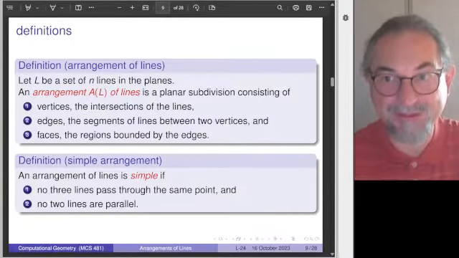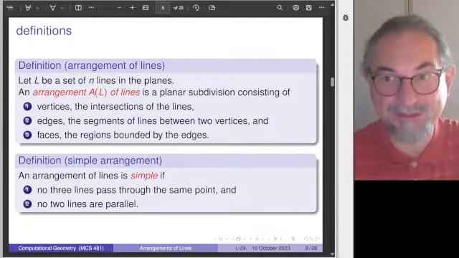No 2 lines are parallel. So in some sense, a simple arrangement is defined by what it is not. You do not have parallel lines and you do not have more than 2 lines passing through the same point. So we will work with those.